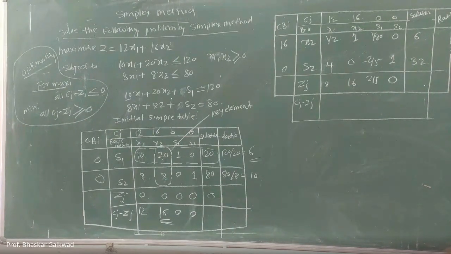So corresponding key, maximum numbers and corresponding numbers, key element. Four by five. Here it is 4 by 5.